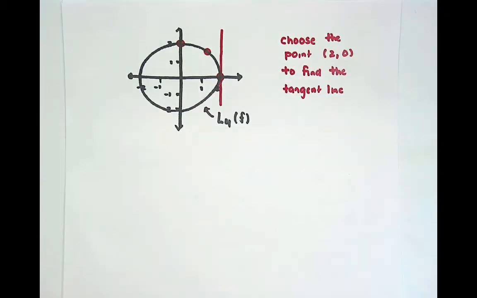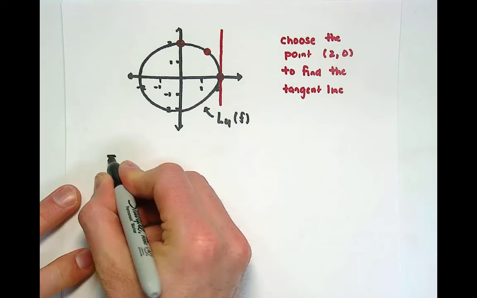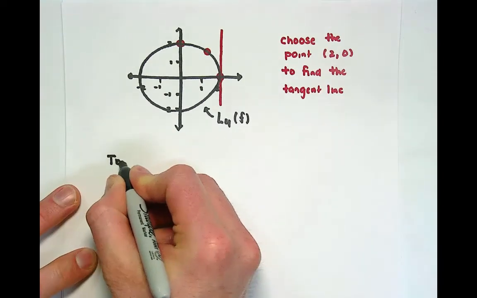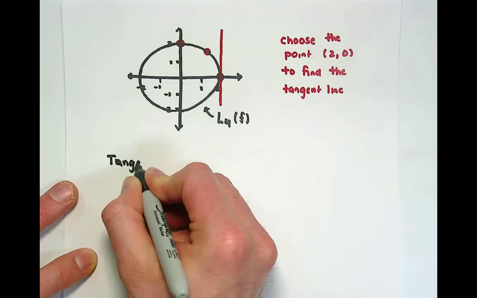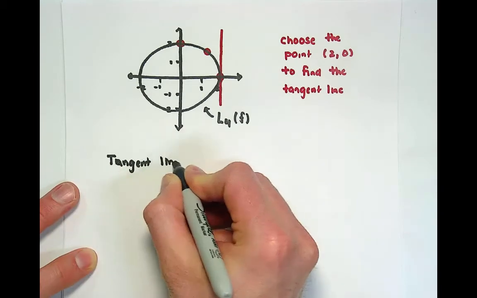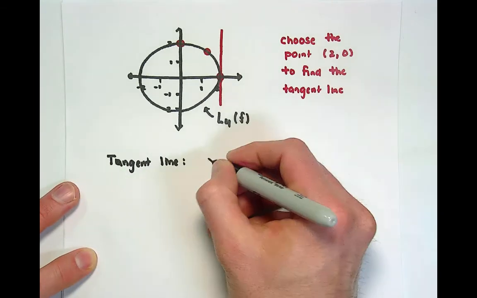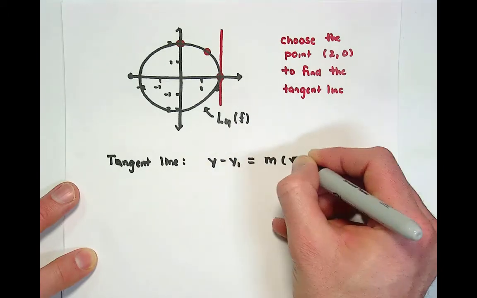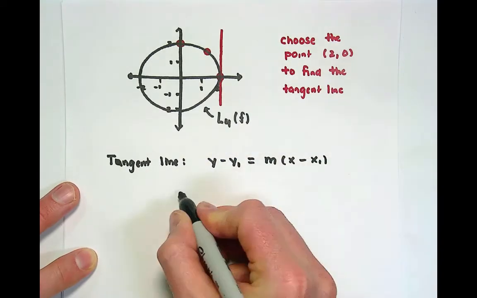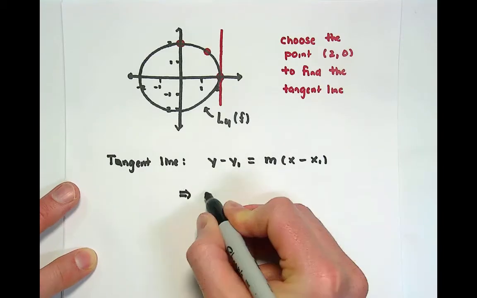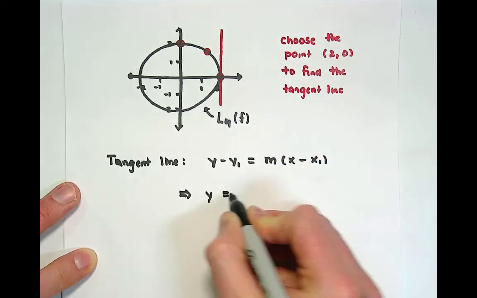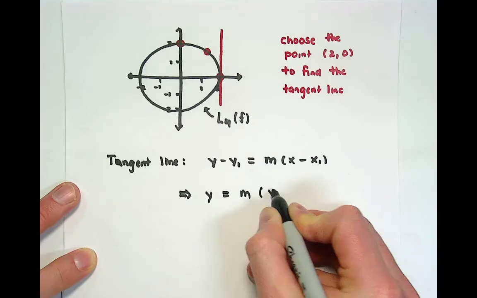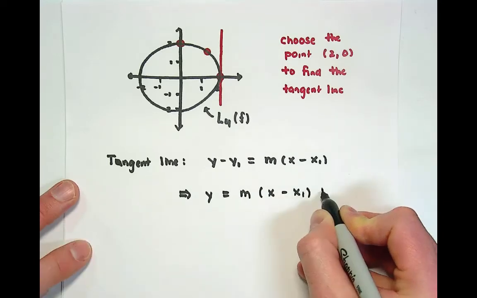So remember, tangent lines in general are more special lines, and we can write the equation for the tangent line very similar to the equation of any line. So this is m outside of x minus x naught, and in particular we want the output of the line to be equal to a slope and a point on the line.